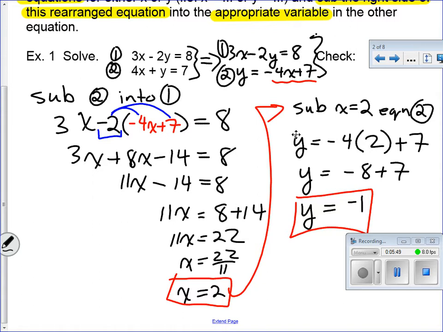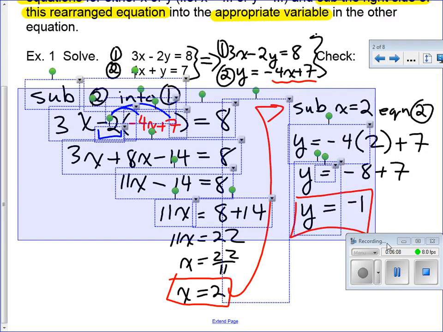We're not quite done yet. We're going to have to do a check. So I'm going to resize this information, then we'll do the check on this one page as well. Remember that when we do a check, you need to check both equations with the solution, which is 2 and negative 1. All right, so here we go.